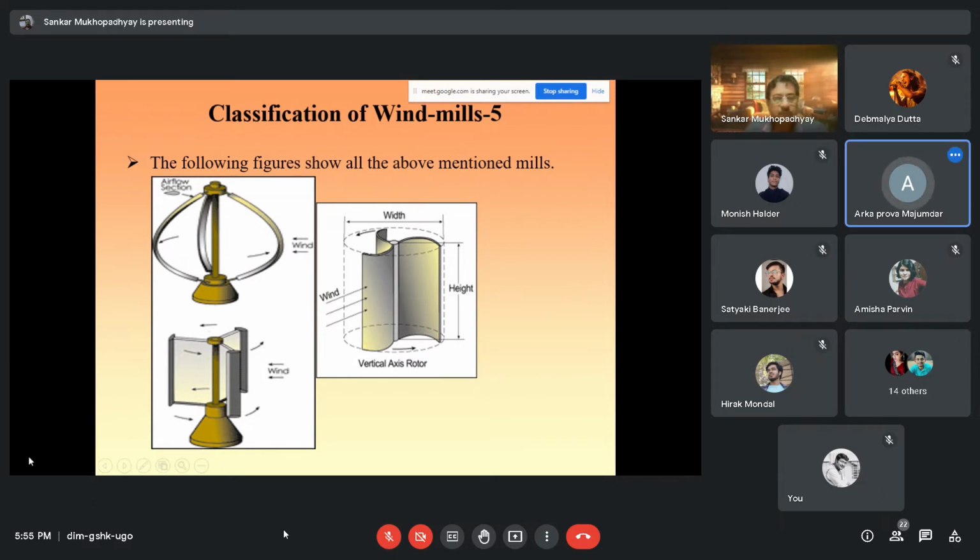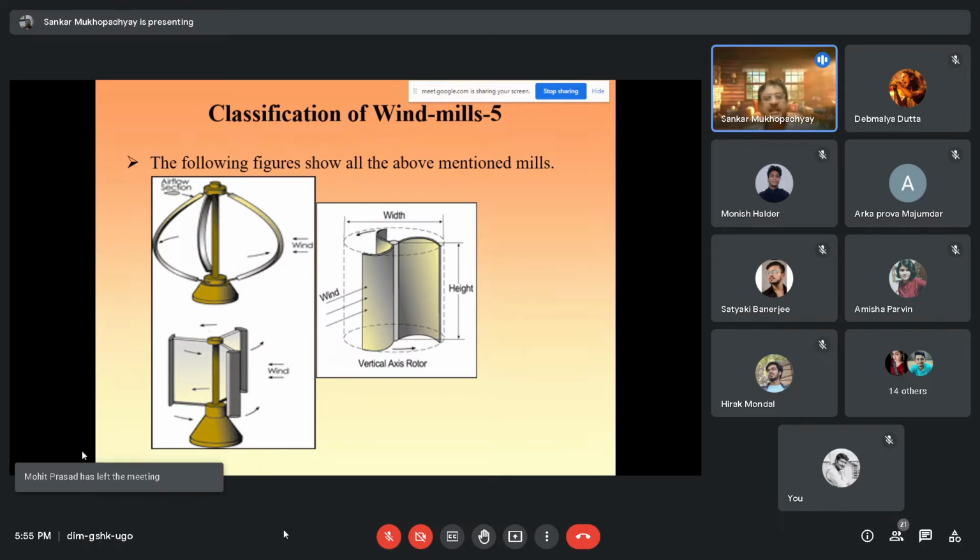Excuse me, sir. In this, out of the three slides, which is the most efficient design? In these three slides, all are doing the same thing. The first one you see is almost V shaped. This one and the lower one are square shaped, and there is an arch shaped one. All these are part of the vertical type wind turbines, and it depends on how much wind they catch and how the directions are operating.